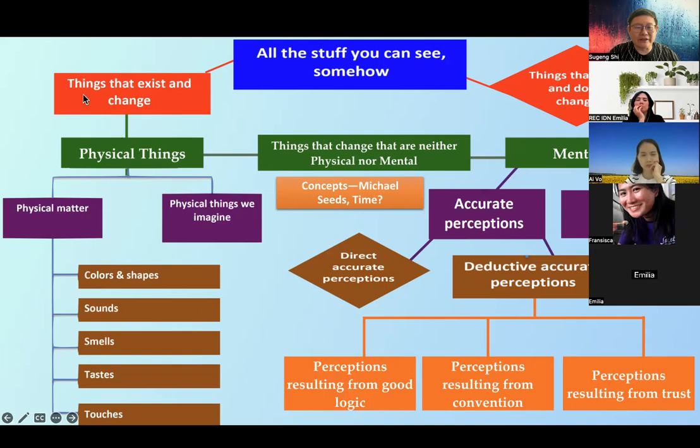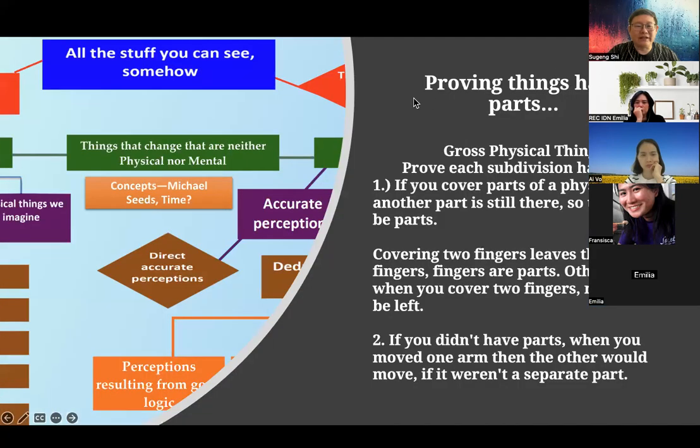So based on this understanding, now let's continue. Based on this picture, we know that for physical things, there are gross and subtle. How to prove that gross physical things have parts? We know physical things have parts. Now the problem is, if you cover parts of a physical thing, let's say we use fingers here, 5 fingers on your hand.